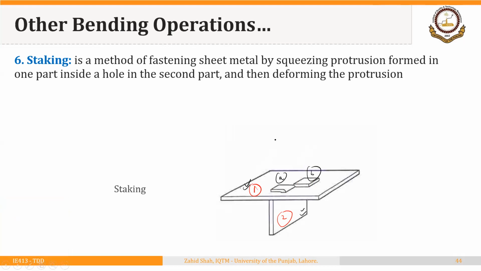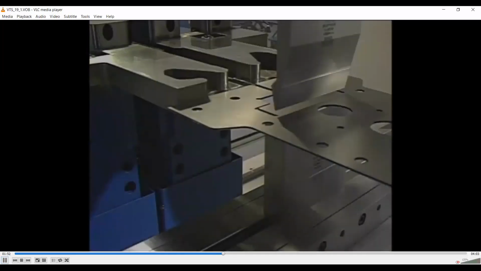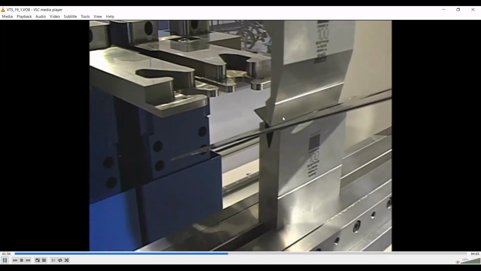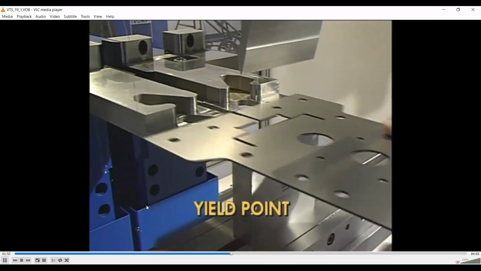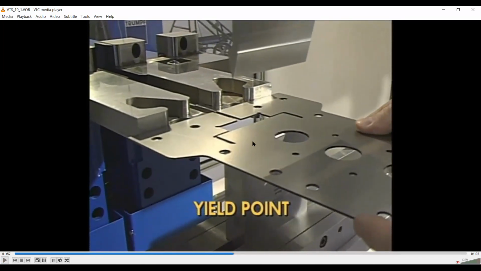Now we will see some of these bending operations with the help of a video. So here you could see the bending operation is being performed. So the point where the punch contacts the sheet is the layout line.